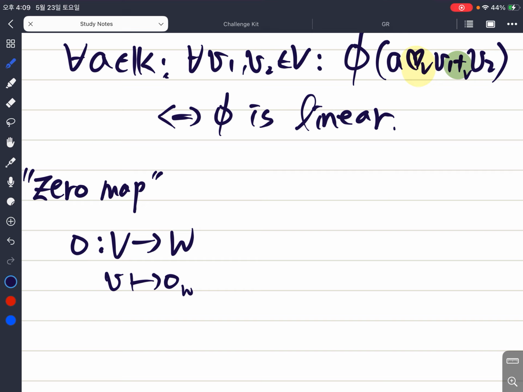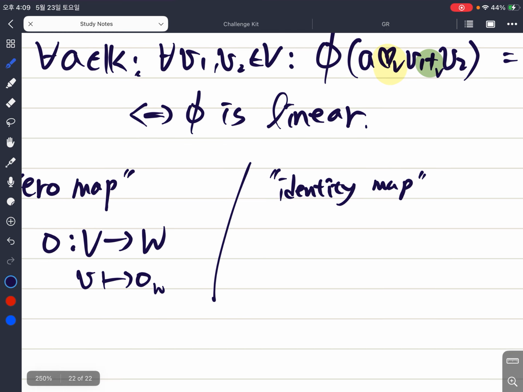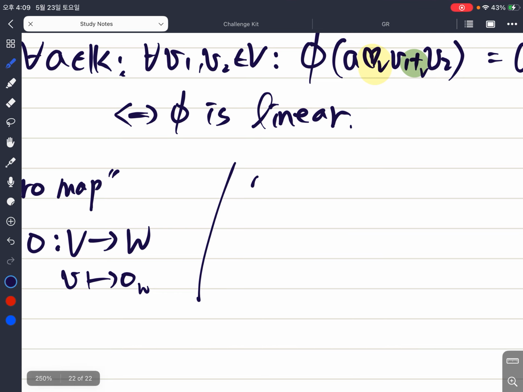And why not? Then how about the identity map? Everything becomes, sorry, the identity map is not defined when the spaces are different. So let us find the identity map on V itself.